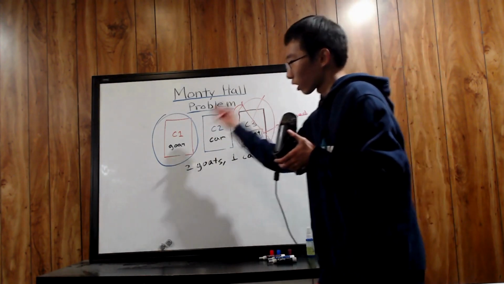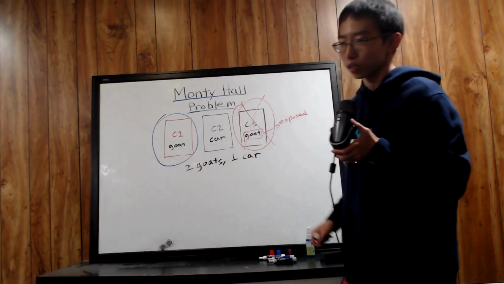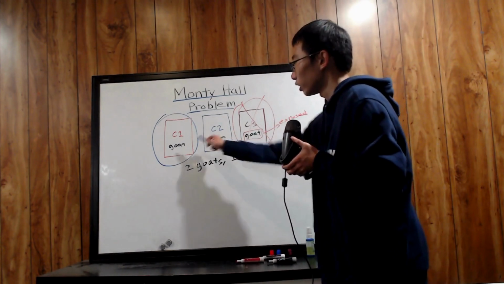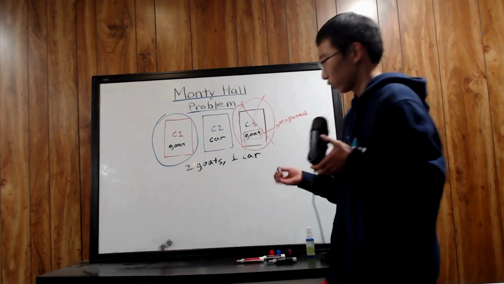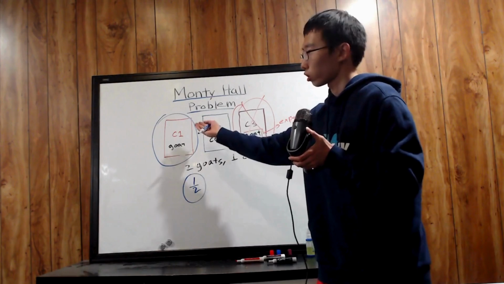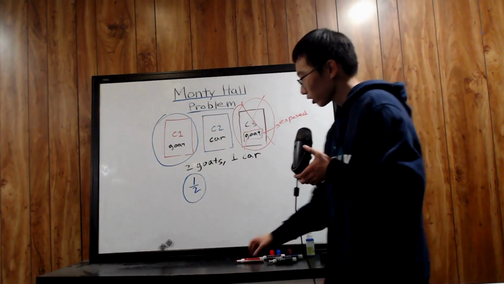Therefore, since there are two of them, and each of them has an equal probability of having a car, then the probability of each curtain having a car is just 1/2. So it doesn't matter if we switch from C1 or stick to C1. This actually is wrong.